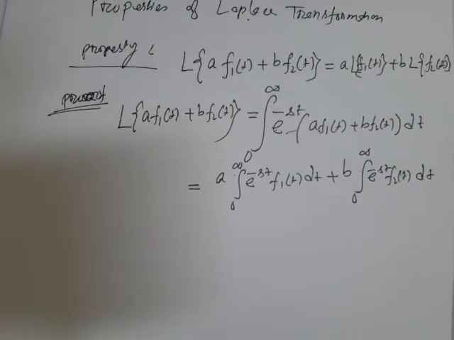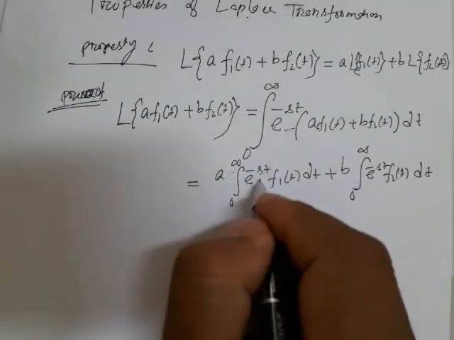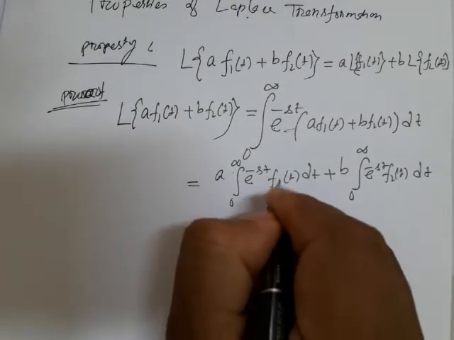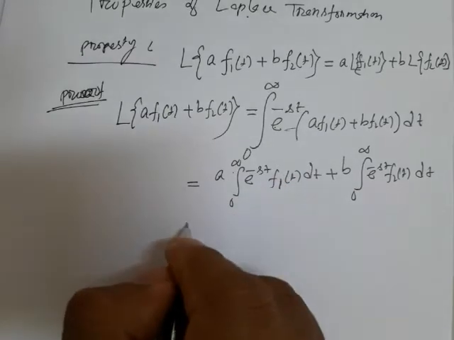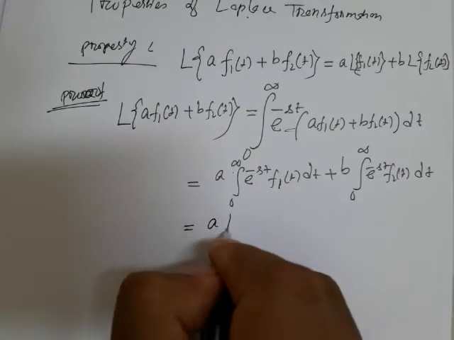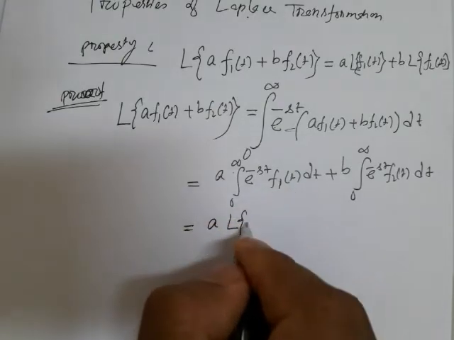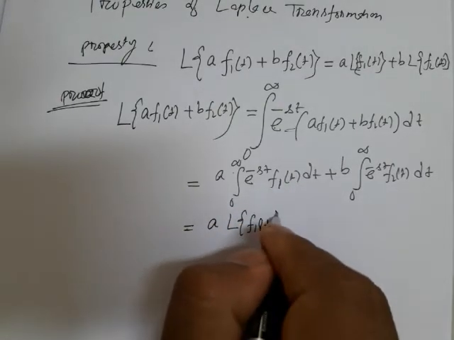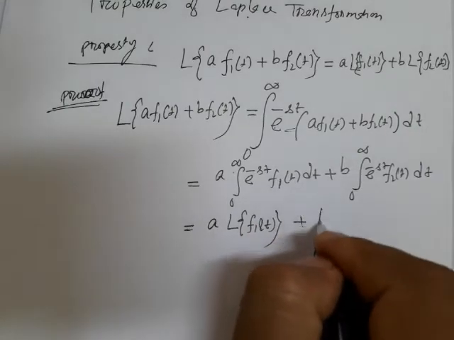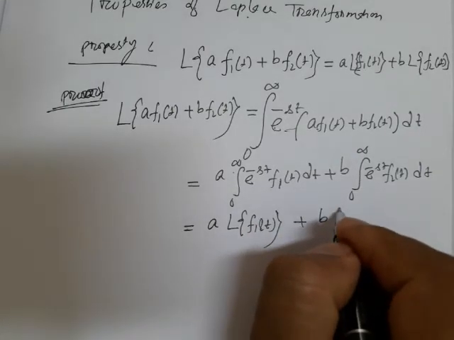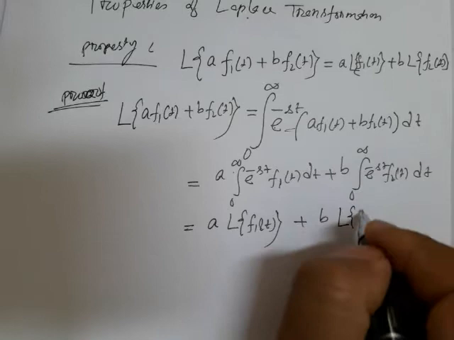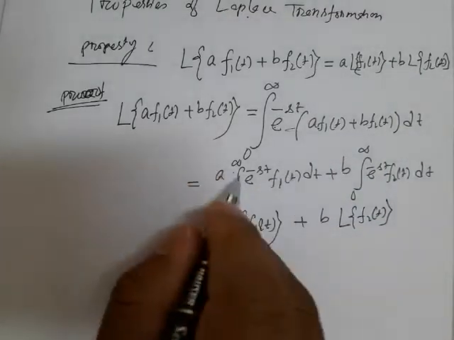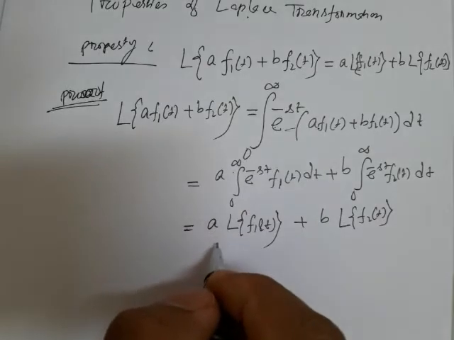Using the definition of Laplace transformation, this is a times L of f1(t) plus b times L of f2(t). So this is the linear property, and we have proved it.